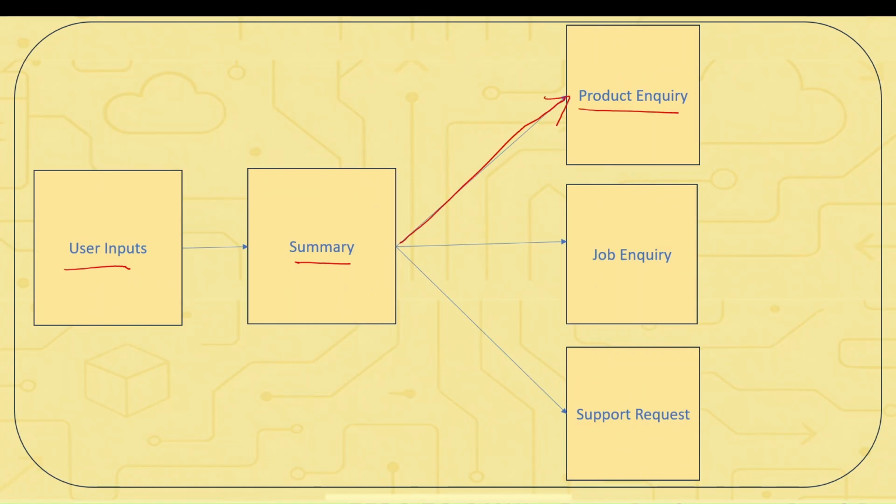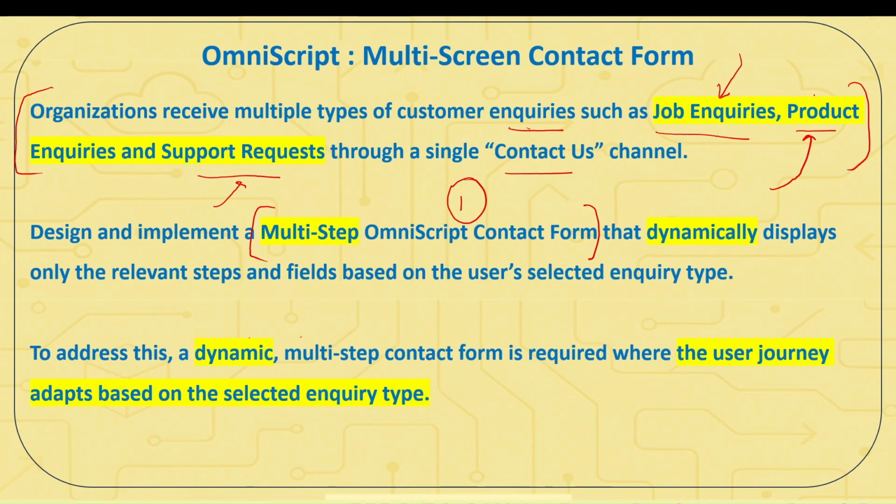So our first task is to develop these three screens, and the second task is to display them conditionally. So let's start, and the same I have mentioned here. To address this, a dynamic multi-step contact form is required where the corresponding user journey can be started.